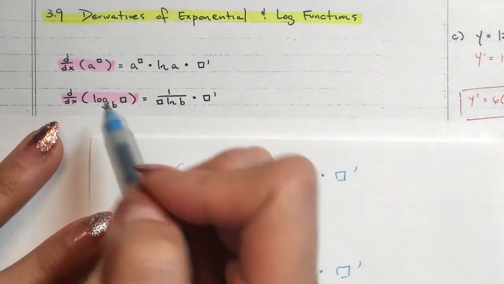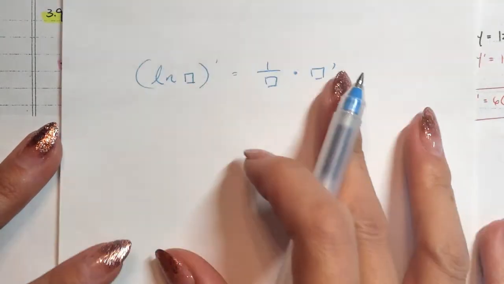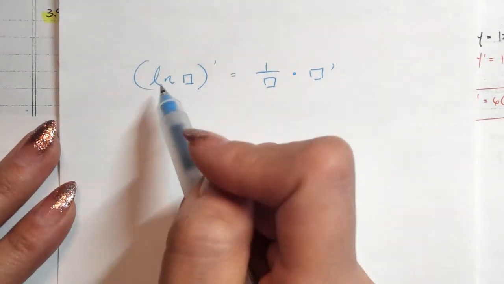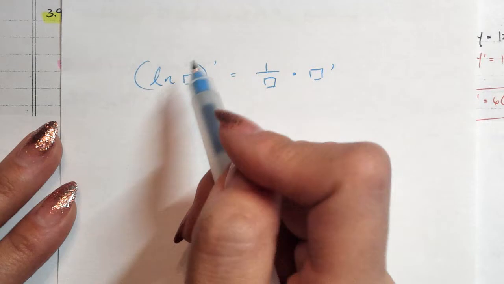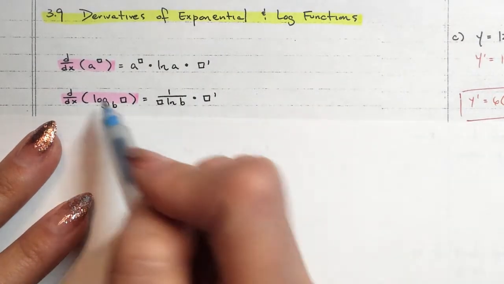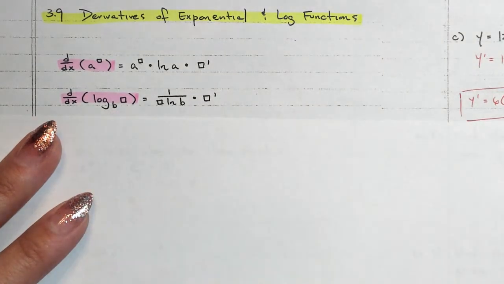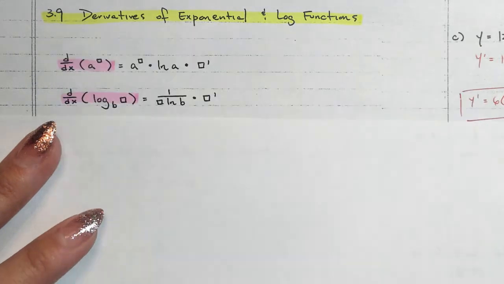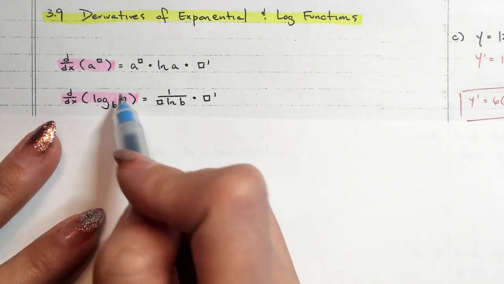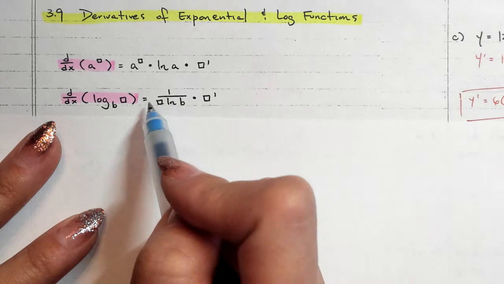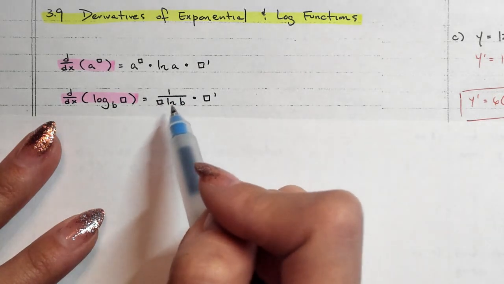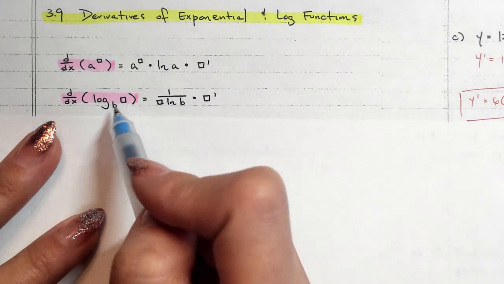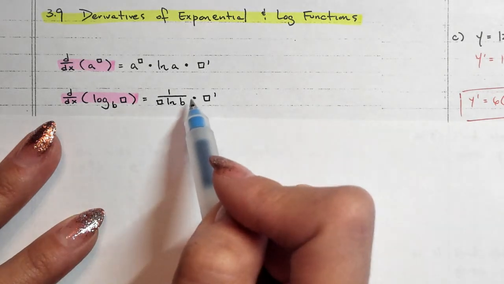So what about this one? A log. So this is a log, right? ln's a log. It's log base e. So log base e of box. That's what this is. This is log base anything. So e's are special. e's are very special, okay? But log base anything of box is going to be 1 over box. Ooh, that looks familiar. 1 over box times ln of b times box prime.